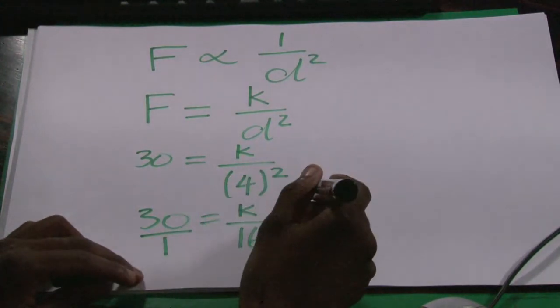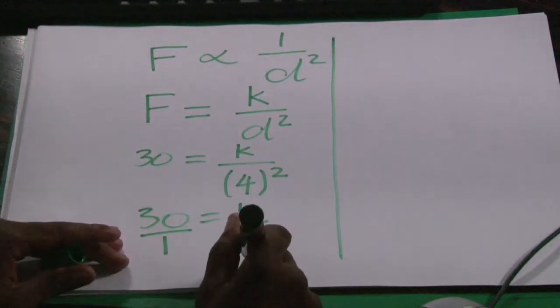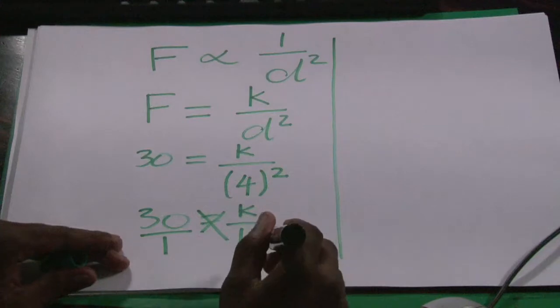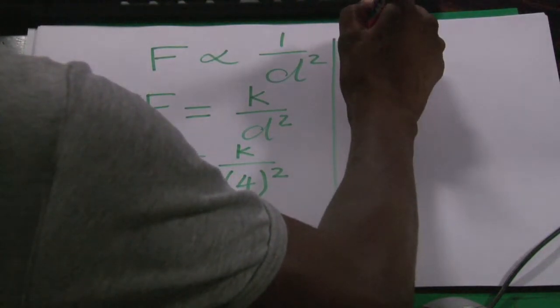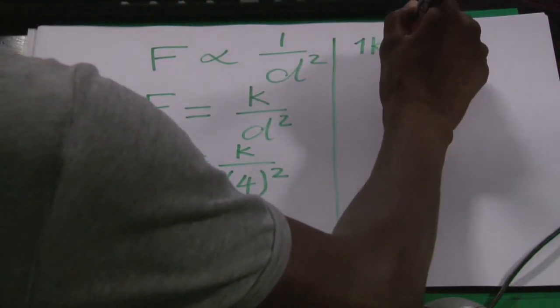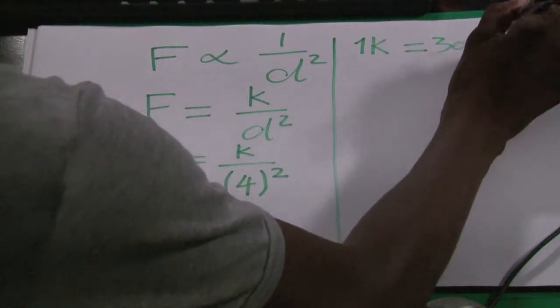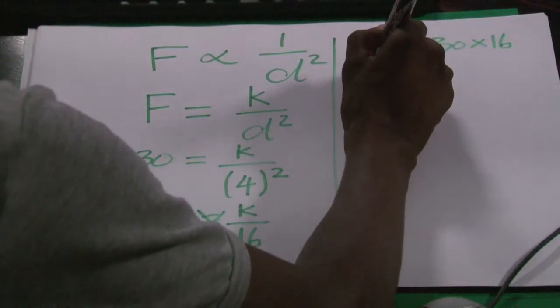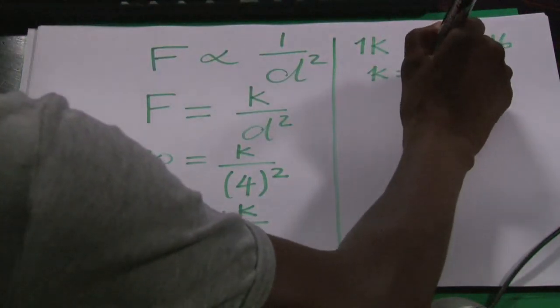So now the next thing that we should do is to cross multiply, so that you can solve for k. After cross multiplying, we have 1k is equal to 30 multiplied by 16. Using your calculator, 30 multiplied by 16 gives you 480.